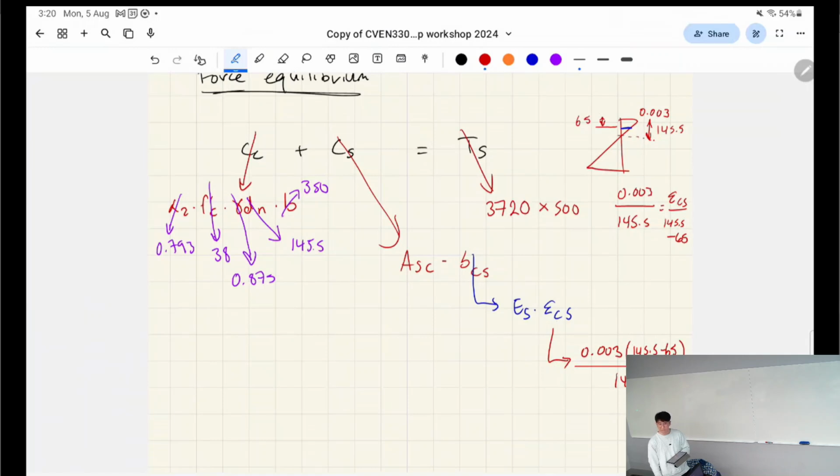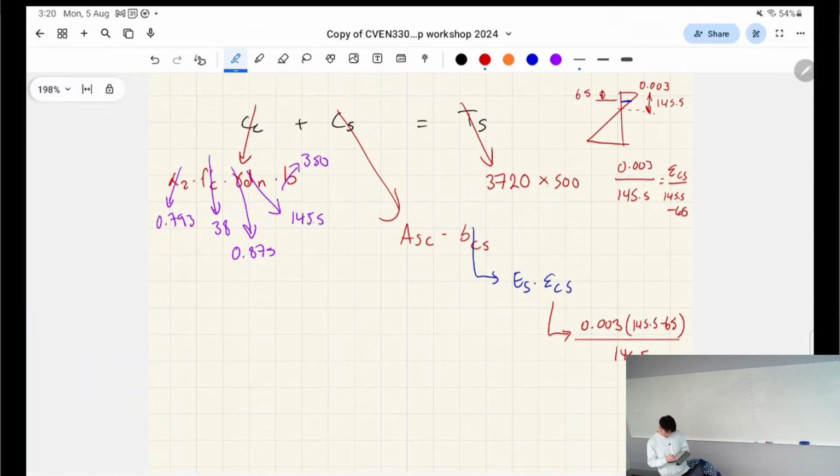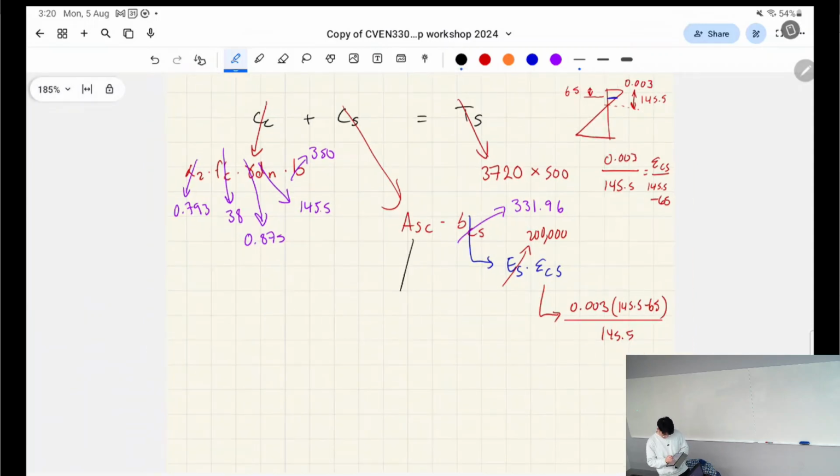Okay. We know this is 200,000 MPa, right? And now it's just a matter of multiplying this all together in your calculator. You're going to find that sigma CS is 331.96 MPa.